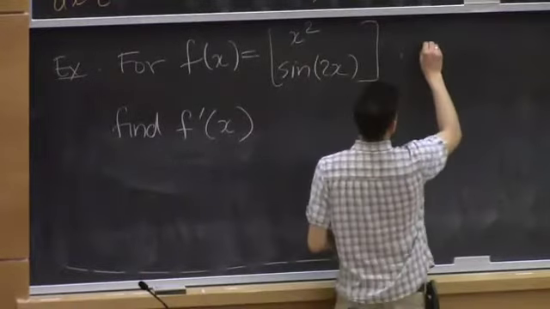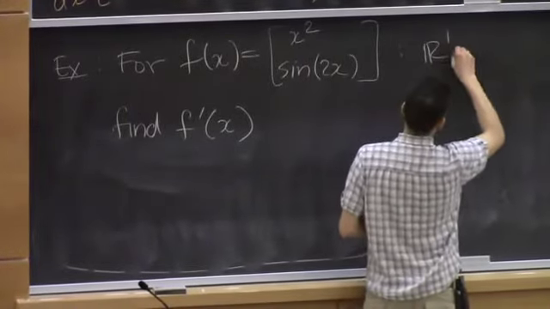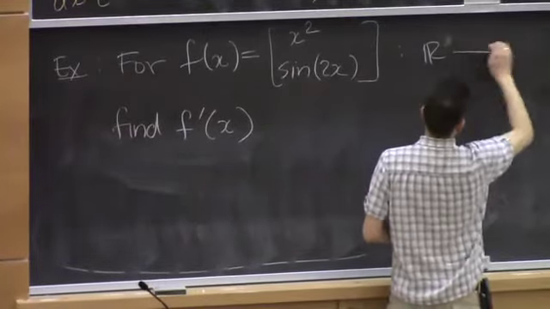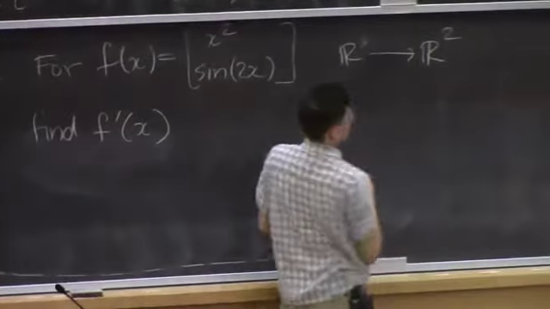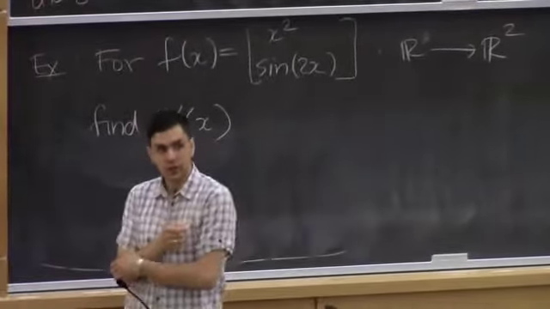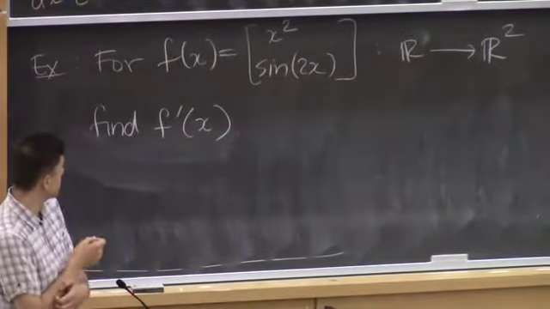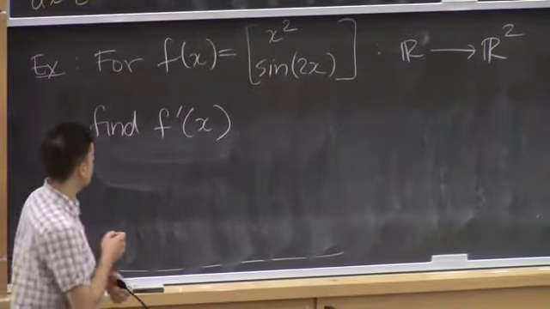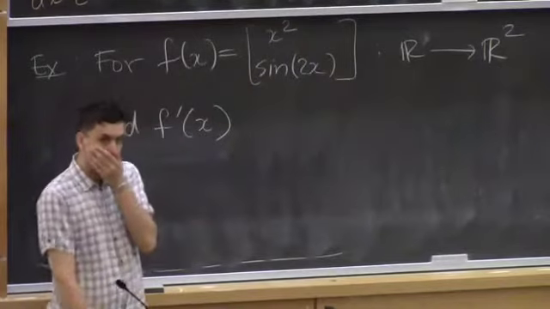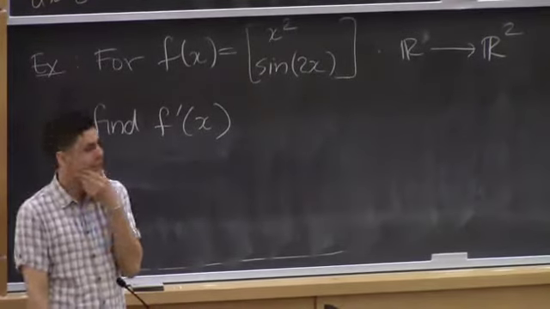So this is a function from R to R squared. So we take a single value x and we get a point in the plane. Okay, so this is a path in the plane.